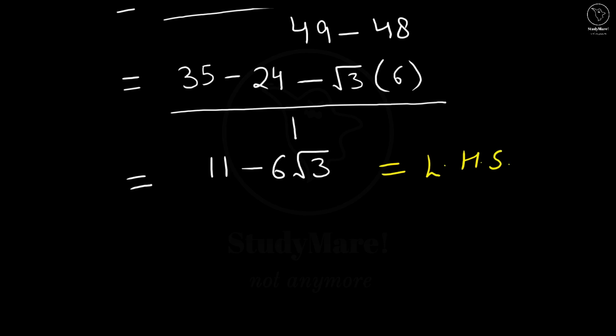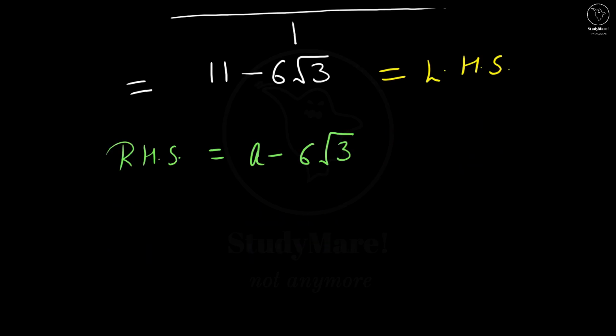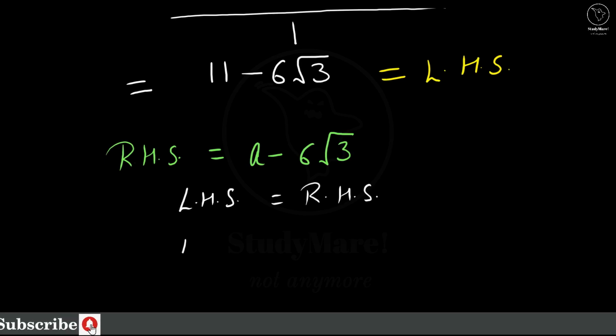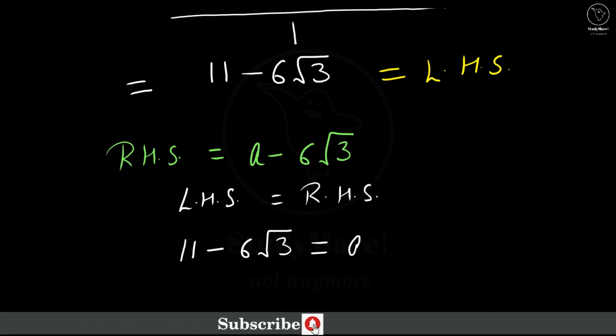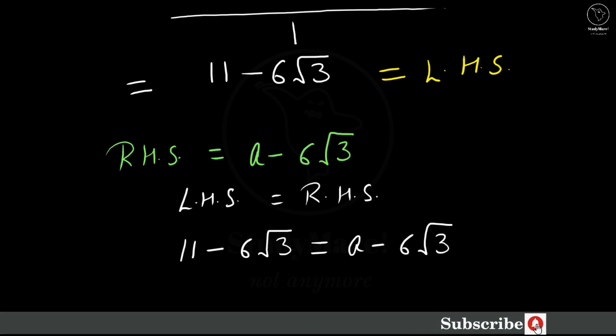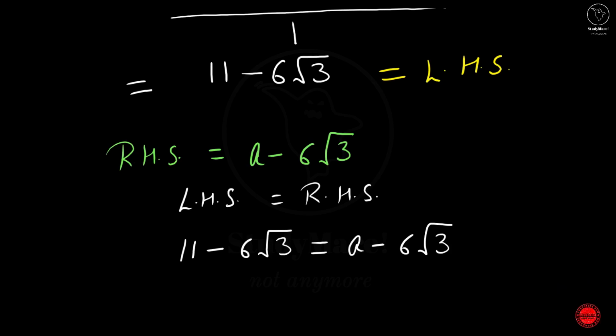And what was the value of RHS? RHS was given as A minus 6 root 3. Now LHS is equal to RHS. That means 11 minus 6 root 3 is equal to A minus 6 root 3, which is already given. So now just make the comparison. We have 11 here and we have A here. We have the sign as minus and minus, same.